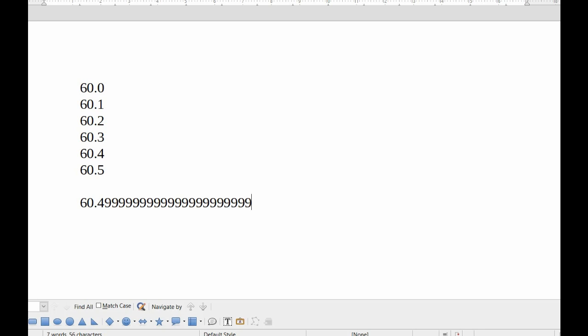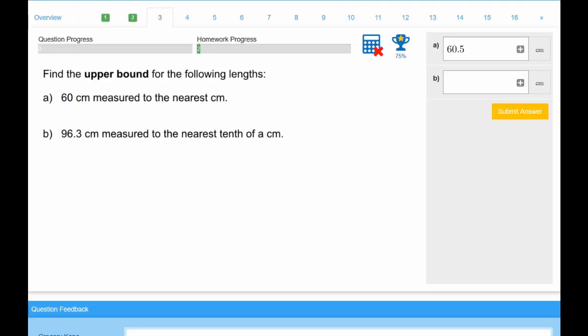And what we do is we write that as 60.5, even though we know the 60.5 rounds up, because it is so very, very close to 60.5. And when we do error intervals, you'll see a little less than sign on the upper bound. So that's what I'm looking for, is 60.5.